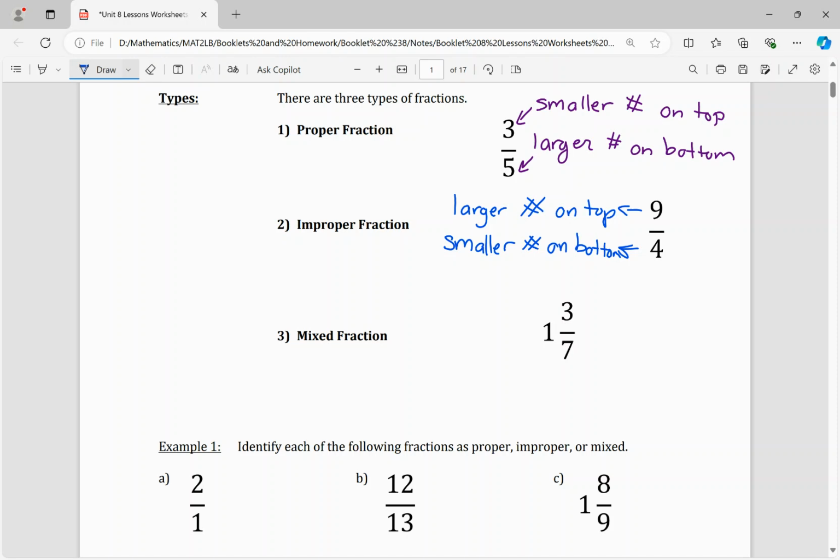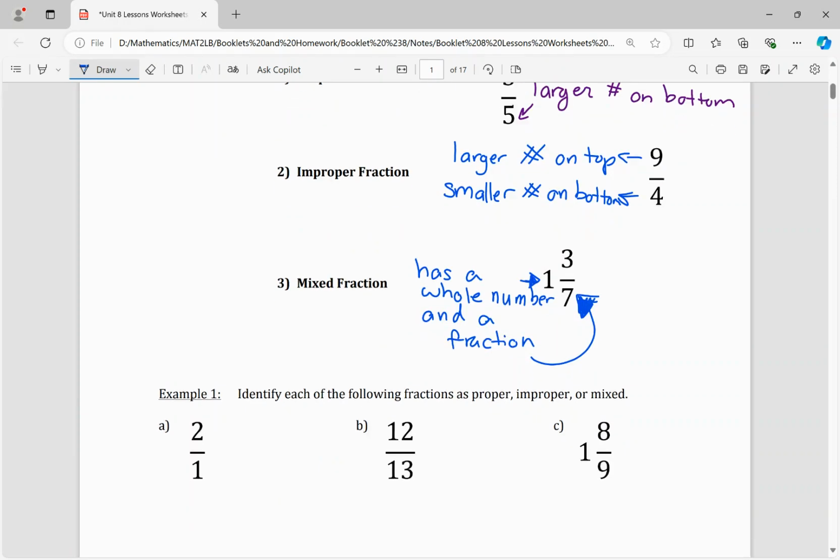We usually use improper fractions for math and mixed fractions for our final answer. Either way, a mixed fraction has a whole number and a fraction. Right? That's why it's mixed, because it has both a whole number and a fraction.